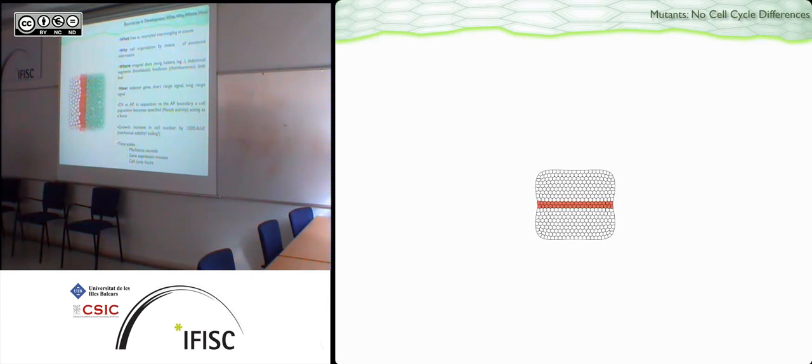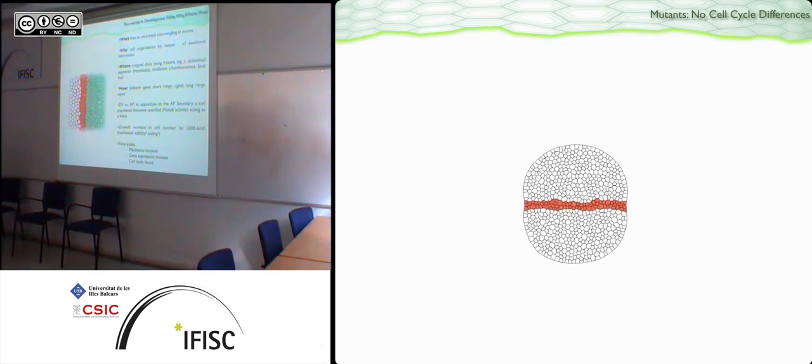This organizer is important because particular proteins are secreted from it. These are the so-called morphogens, proteins that diffuse and create a gradient, and the cells in the compartments know their position in a particular region because they can read the gradient. So that is important for providing positional information to cells. It's like creating a coordinate system to provide that information to the cells. So those are important for different regions.